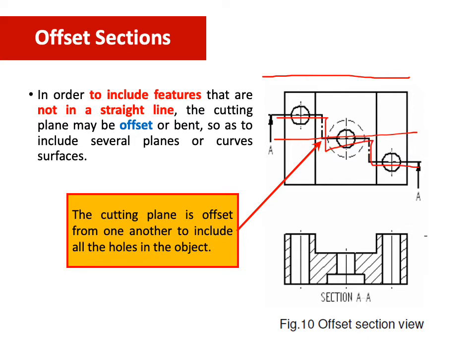So this means an offset section. The cutting plane is offset from one another to include all the holes. Here they want to show you all the holes in the object.